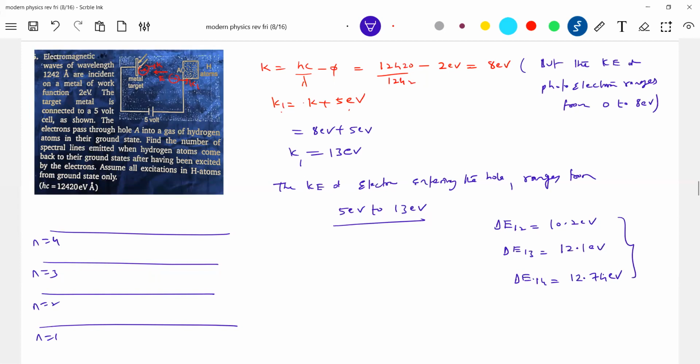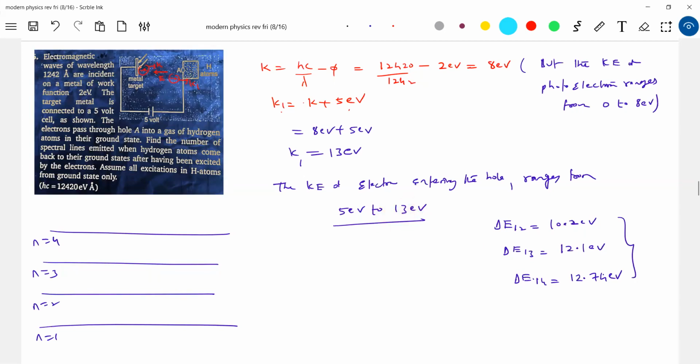Shall we say the hydrogen atom will interact with only these electrons? What type of collision will it encounter with electrons whose energies are not equal to these? Let's take 12 electron volt. Will it undergo elastic collision?